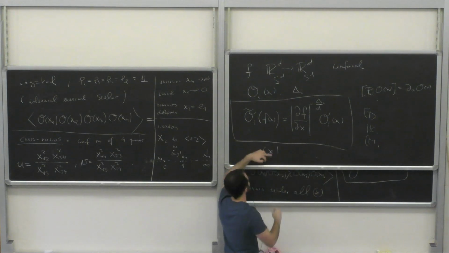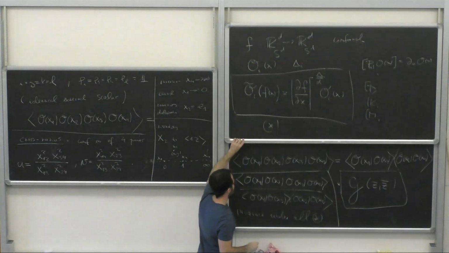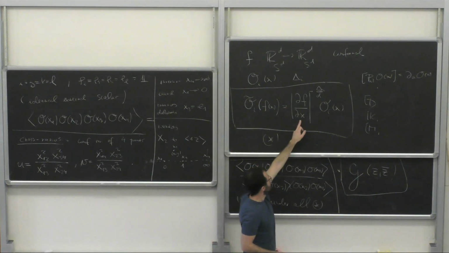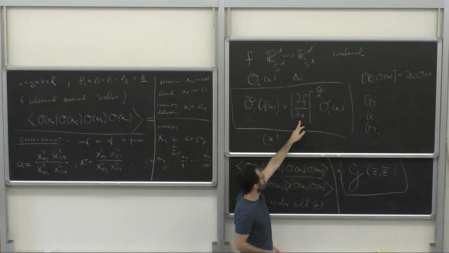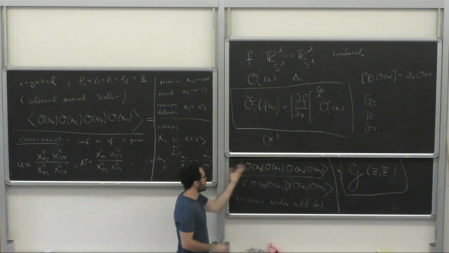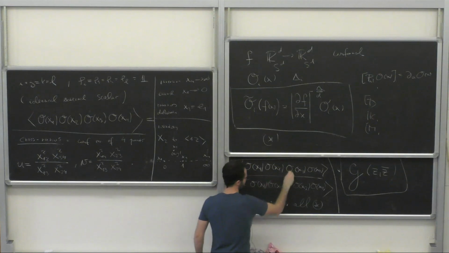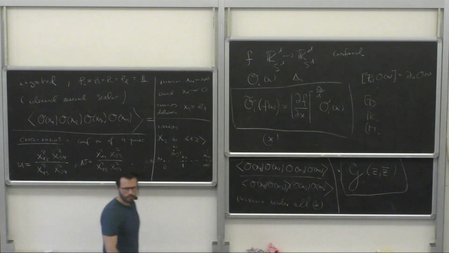So this star is that transformation, right? And the reason why it's invariant is that this factor depends only on x1. For the first operator it depends on x1, for the second one on x2, and so on. So it just goes out, and it cancels between here and here, here and here, and here and here. Okay.